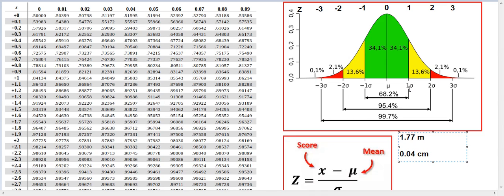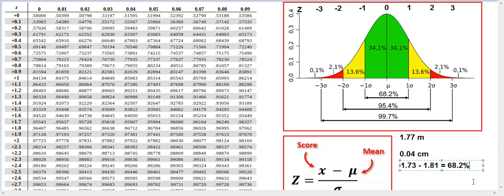We can say that the population that is around 1.73 to 1.81 is going to represent 68.2% of people of this population, because they are exactly in the green range of our standard curve.